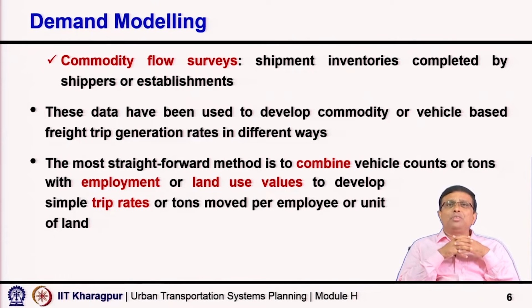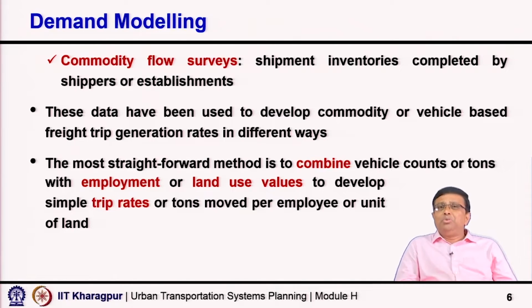The most straightforward method is to combine vehicle counts or tons of goods with employment or land use values. That means, per unit area of land or per unit employee, the rate we are actually trying to establish. So, rates could be calculated in so many ways: per unit area of land, per unit area of the economic units, or per employment.